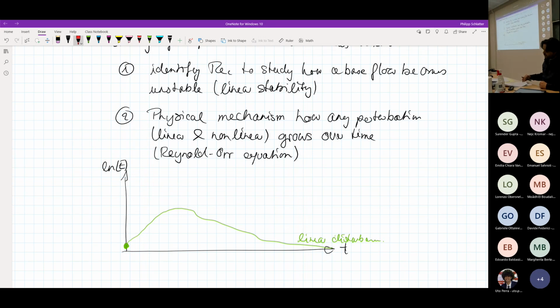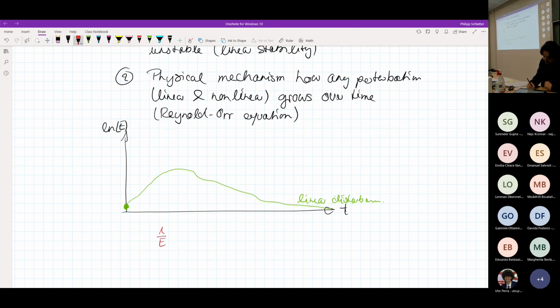But now, because of this property that 1 over E dE/dt is independent of the scaling, so independent of the amplitude, it means that if I'm looking at the same flow, but now starting at a higher amplitude, because that's the relevant bit here, the initial growth rate that I have in both cases is actually the same.